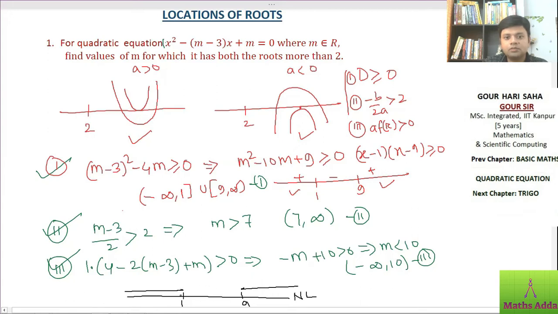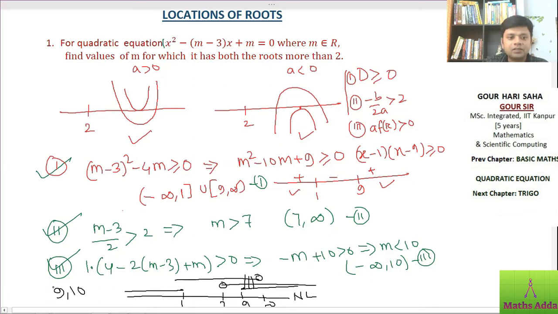Bubble mark less than 1 and more than 9. And then the second is 7 to infinity, so it is 7 here. Then the third one is less than 10, so bubble mark this side. So common is here, 9 to 10. So the answer is 9 to 10.